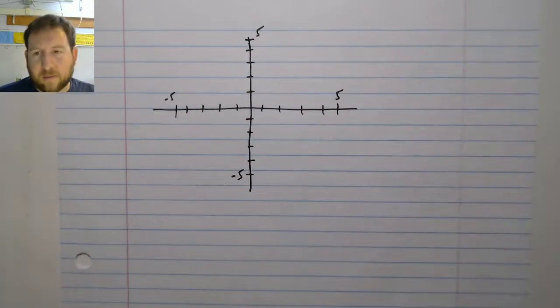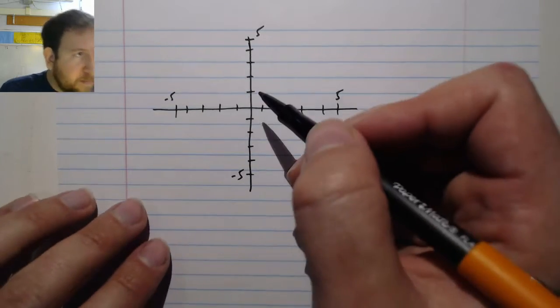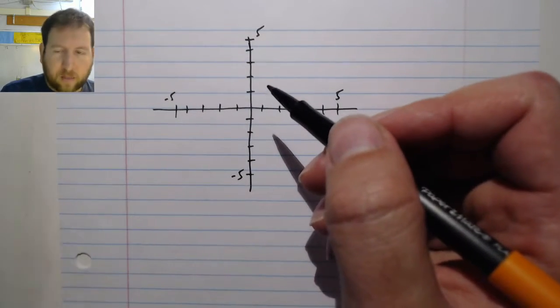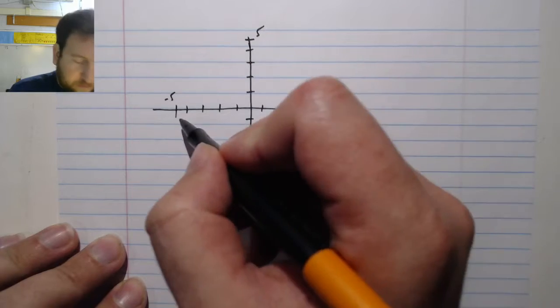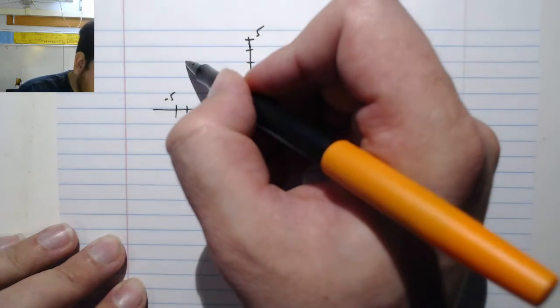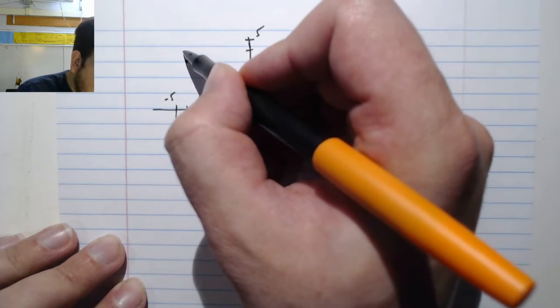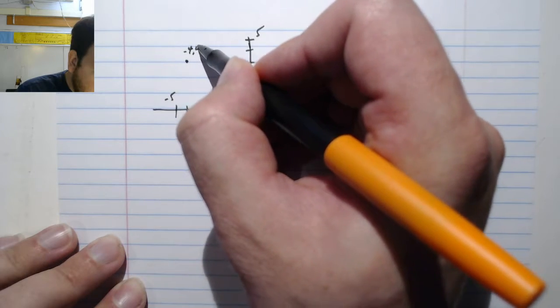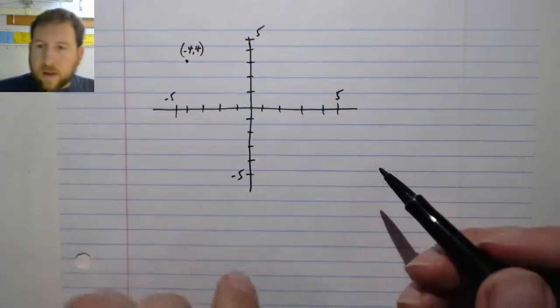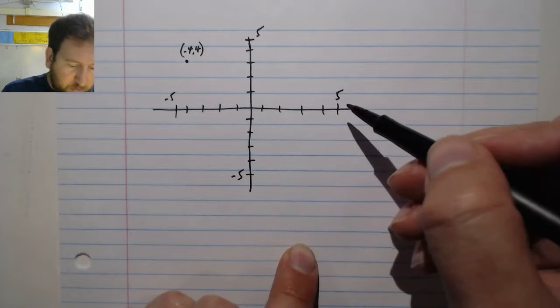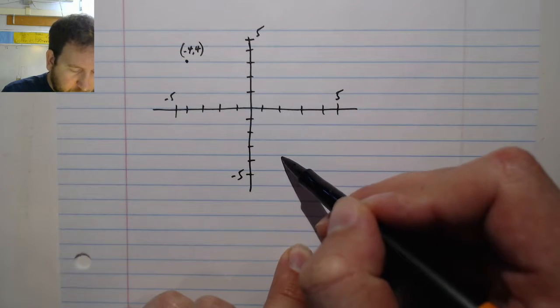My first point is going to be negative 4, comma 4. So it's going to be right here. The next one that I've got here is 2, comma, negative 4.